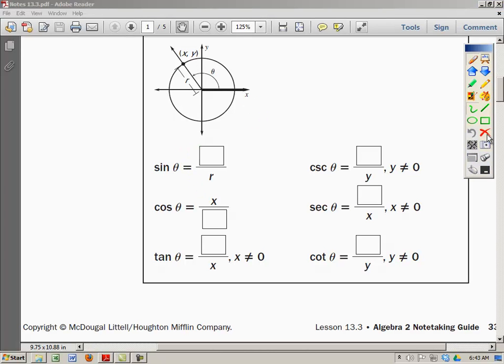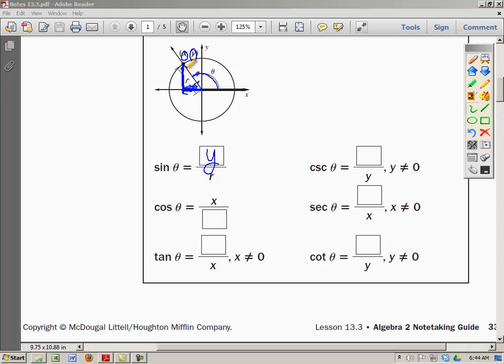So the sine of theta is the ratio of y over the radius. This angle theta creates a reference angle down here called theta prime. If I go to the left, whatever this distance is, that's my x value, and if I go up, whatever this y value is, that's my sine value.